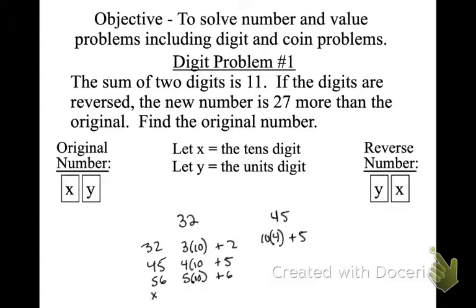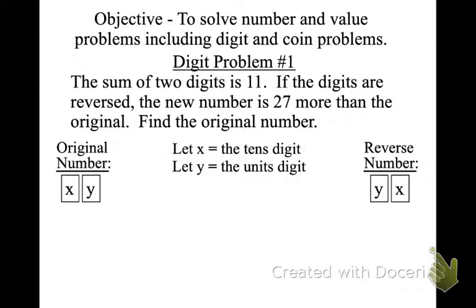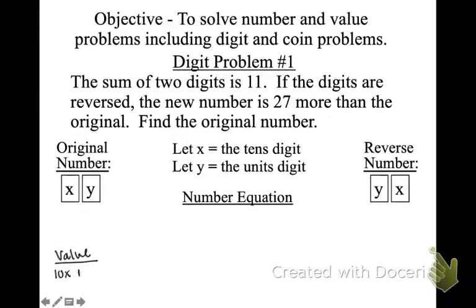Well, if I have XY, wouldn't that value be X times 10 plus Y? So wouldn't that become 10x plus y? So the value of XY is 10 times the x plus the y.